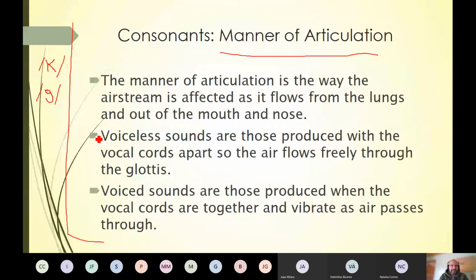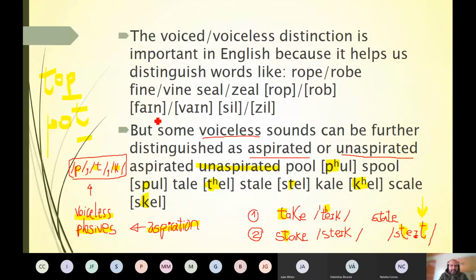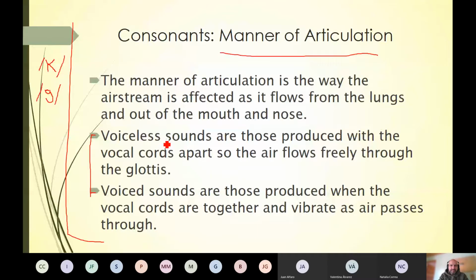So it's very important to remember these characteristics of consonant sounds, that some of them are voiceless and the other ones are voiced, and that's connected with the vibration of the vocal cords. Okay. Now, when we talk about voiceless sounds and voiced sounds, that is one classification, right?